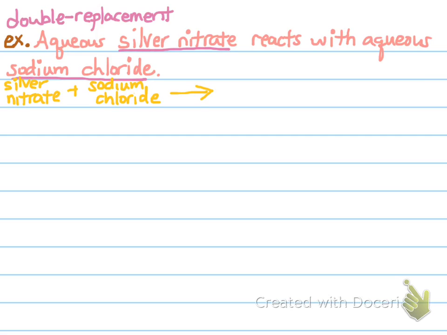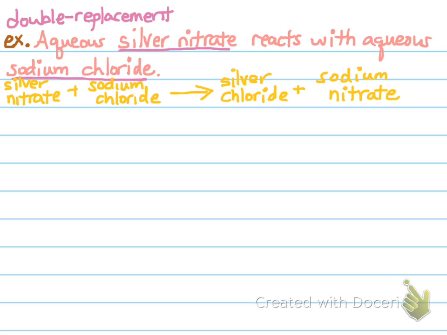Since it's double replacement, and silver's a metal and sodium's a metal, they're going to swap partners. Silver's partner is going to be chloride, and sodium's partner is going to be nitrate. And remember, these reactions always take place, so there's no checking your activity series of metals. That's only for single replacement reactions. So now I have my word equation.